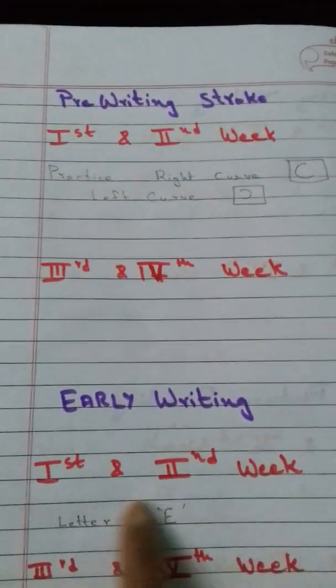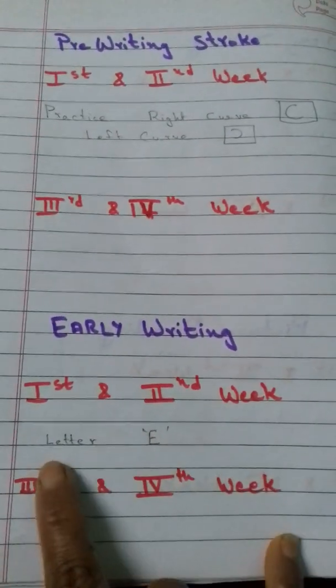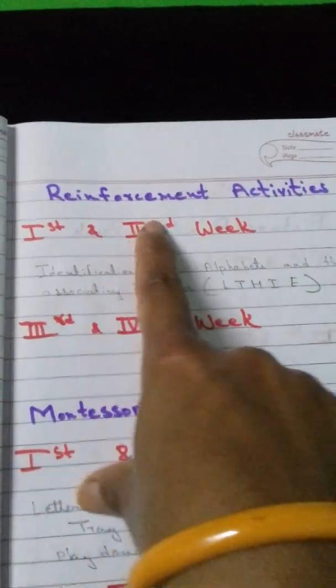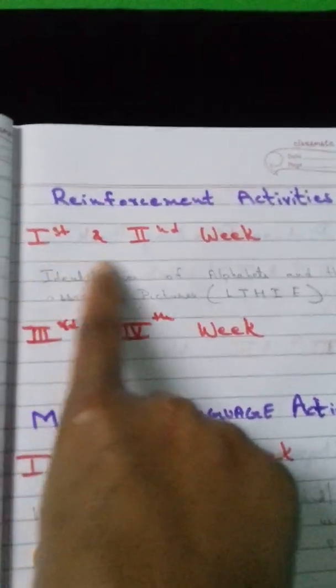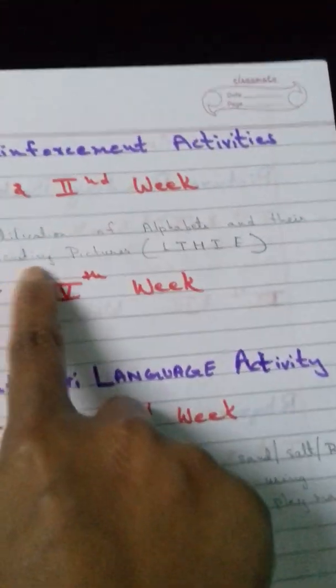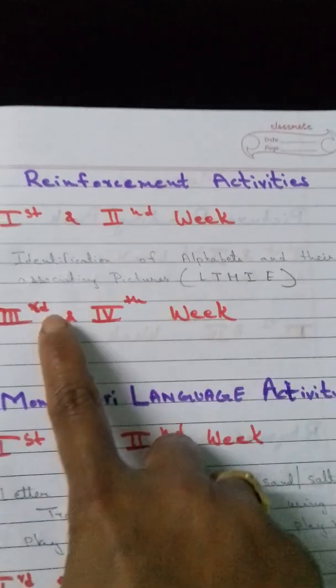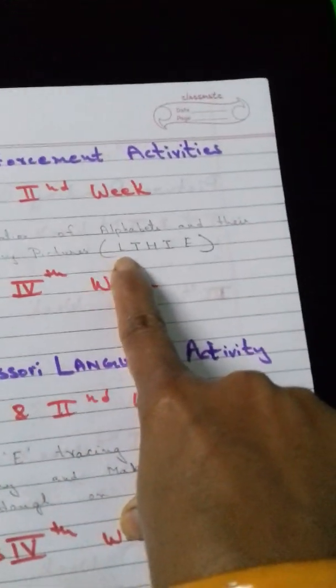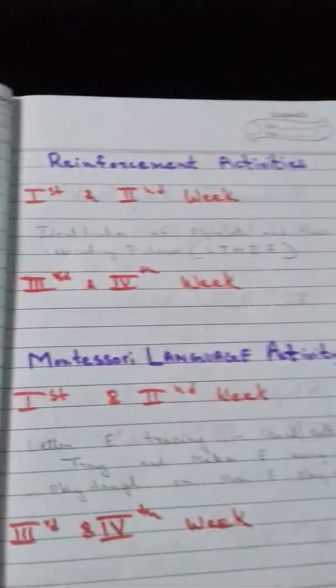Then in early writing for the first and the second week, it is letter E, tracing of letter E. Then in reinforcement activities, it is identification of alphabets and their associated pictures for the alphabets L, T, H, I and E.